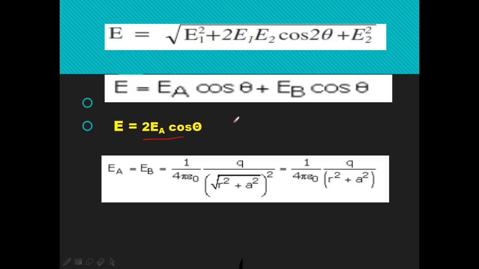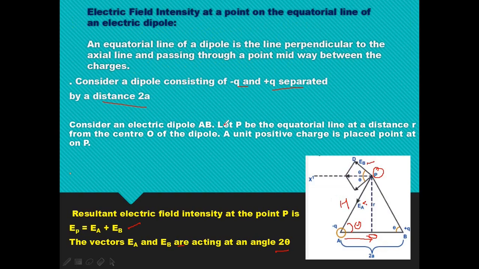From the diagram, the base is A and the hypotenuse is under root r square plus a square.